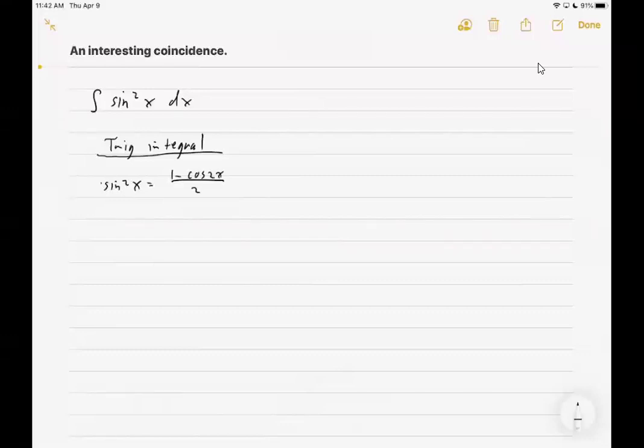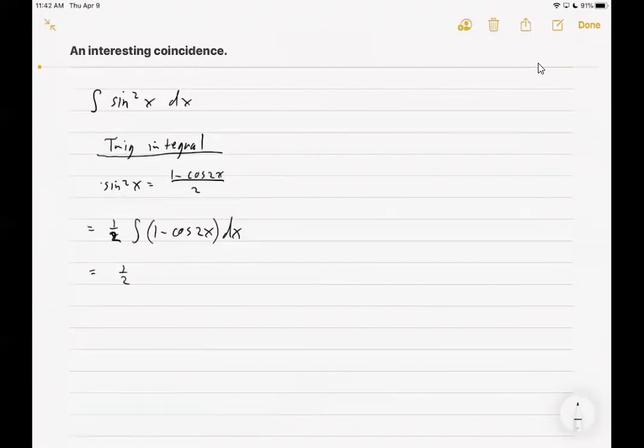And therefore, I'm just going to go quickly with this. We're not squaring, so that's 1/2 the integral of 1 minus cosine of 2x with respect to x. And so we end up with 1/2.